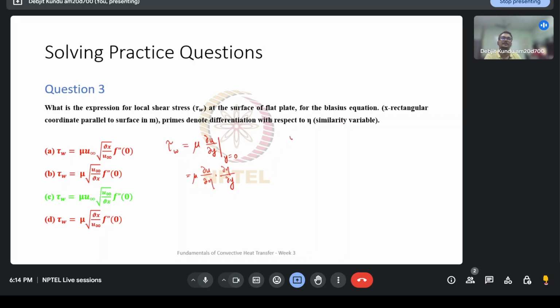And we know that in the Blasius solution we write that u by u infinity is equal to some function f prime, which is a function of eta, and eta itself is y by under root of u infinity x by mu. Right? Did I do this correctly?